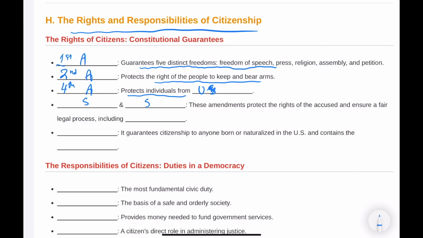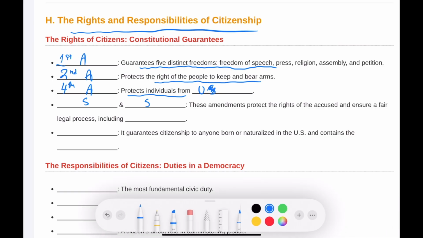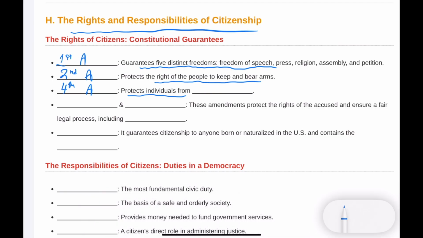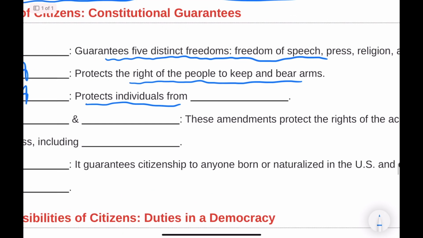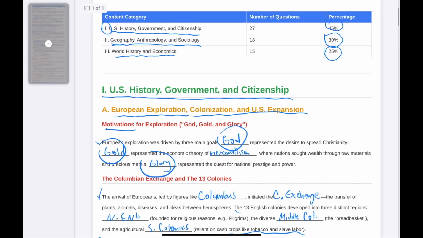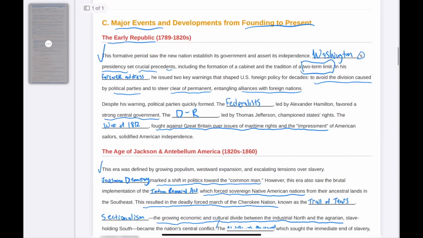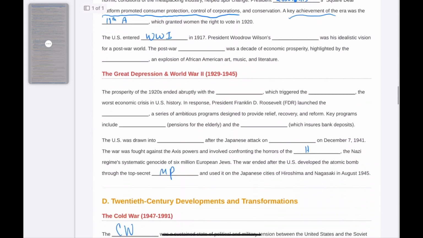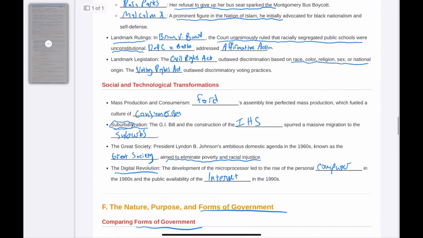And next up, let's see here. Okay, so let's go back and let's just write it all out to make sure that this is most helpful for you. All right, protects individuals from unreasonable searches and seizures. One more time, going back down here. Apologize for that. Here we go.